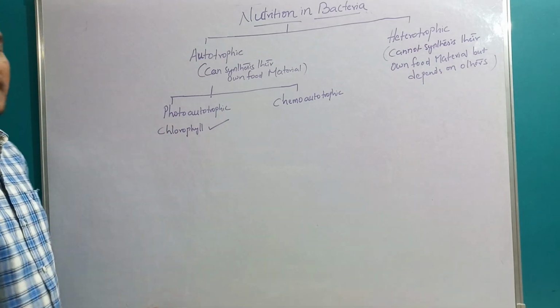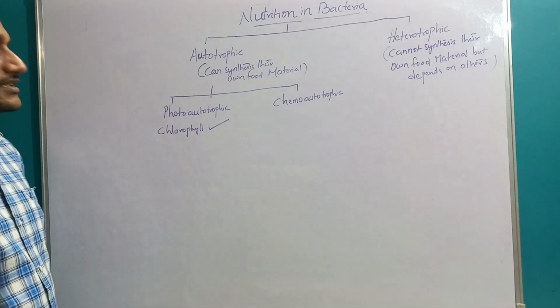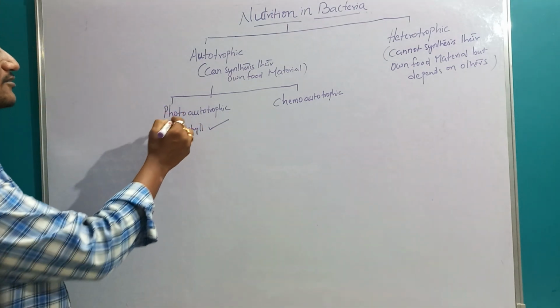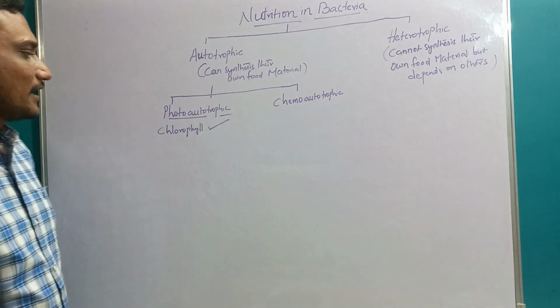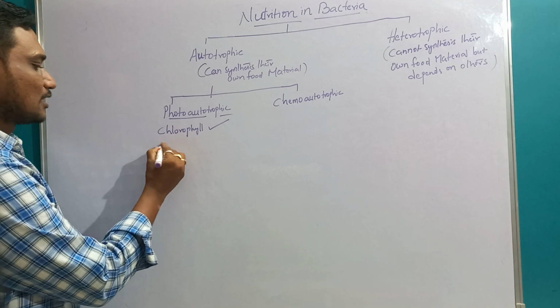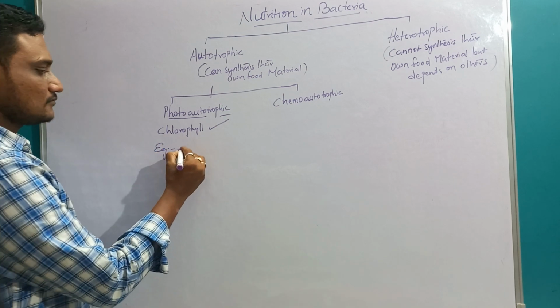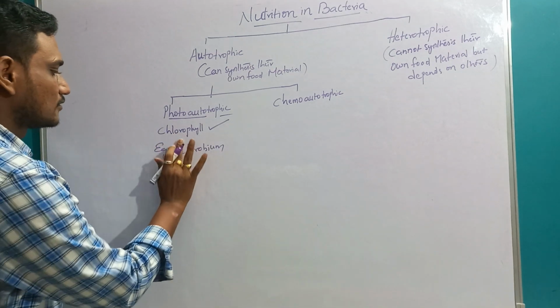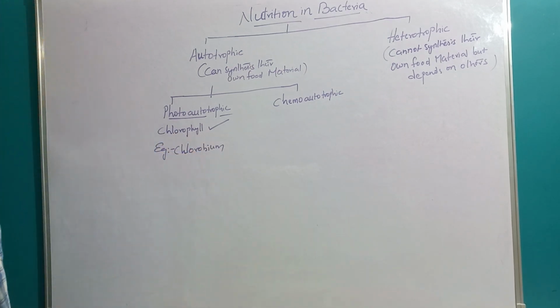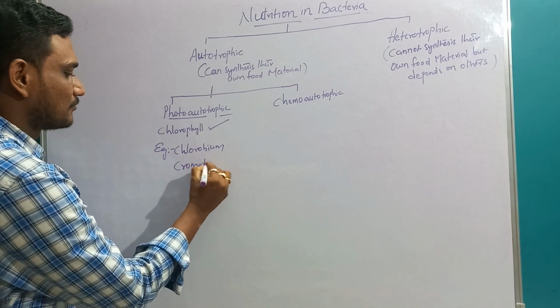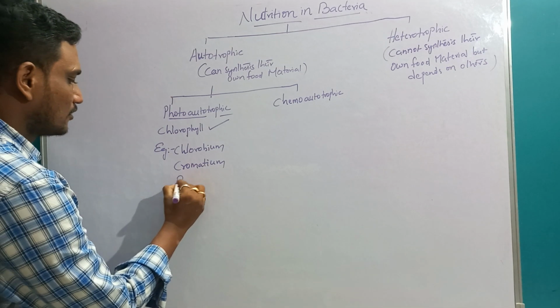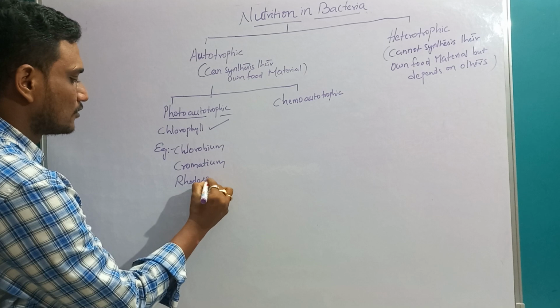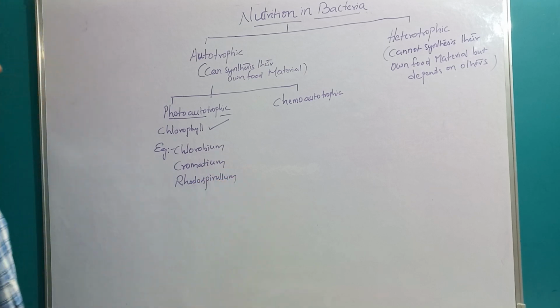Due to the presence of chlorophyll, the bacteria undergo photosynthesis and prepare their own food material using light. Examples are chlorobium, chromatium and rhodospirillum, which are photoautotrophic bacteria.